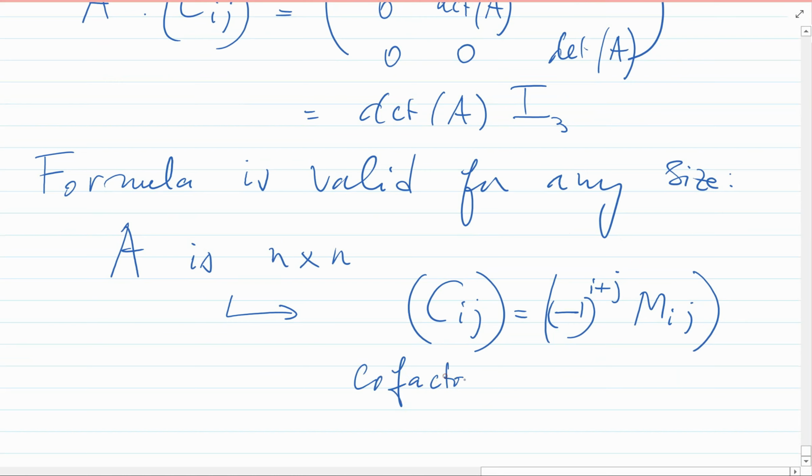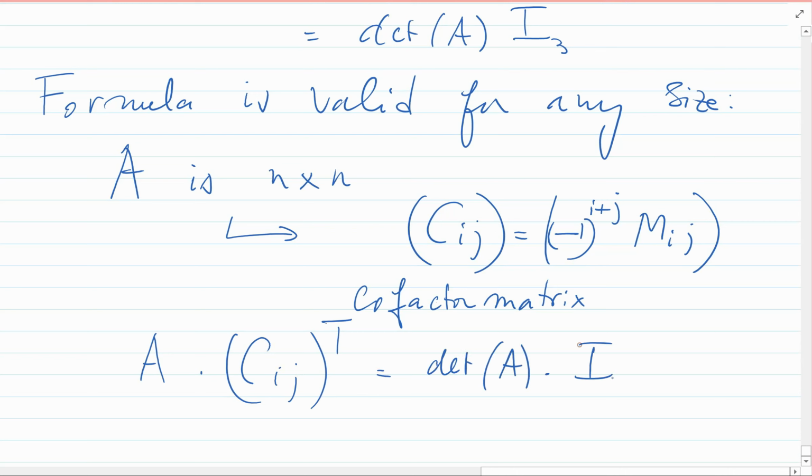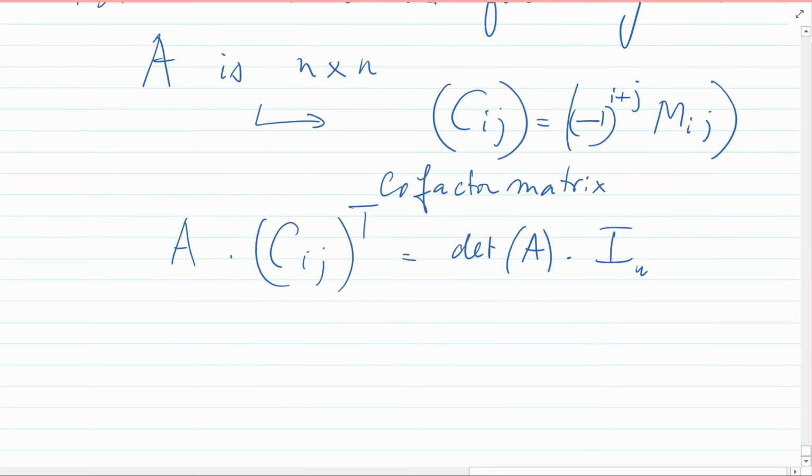Cofactor matrix of A. And what happens is when you take A times the cofactor matrix transpose, you end up having the determinant of A times the identity matrix In. It's a truly amazing formula. So we have two cases.